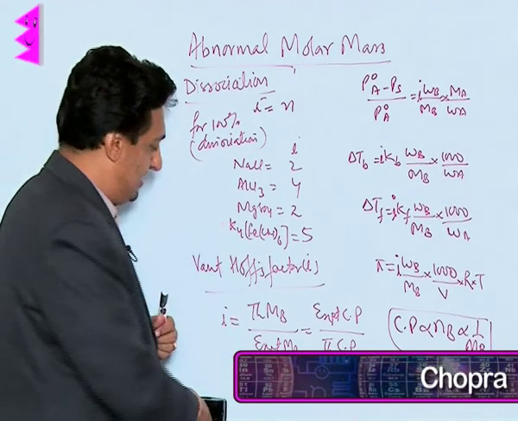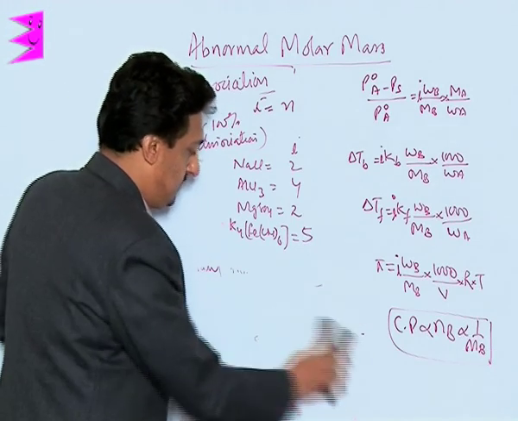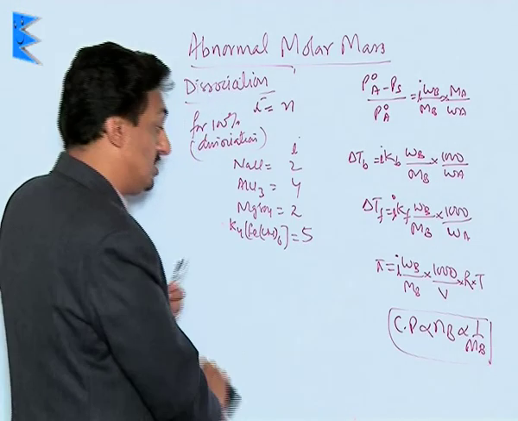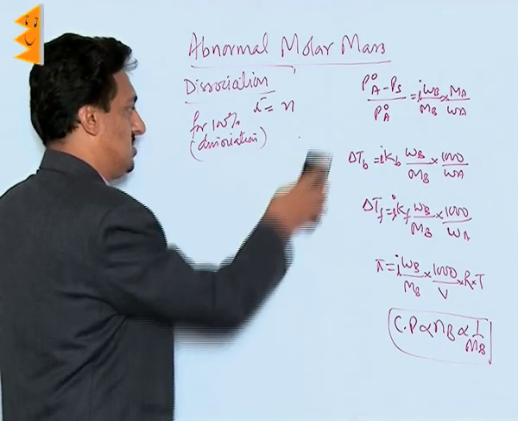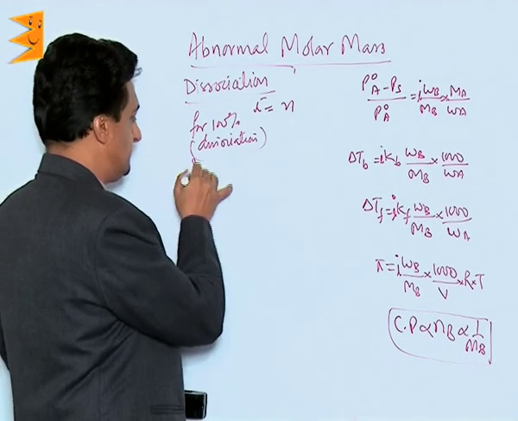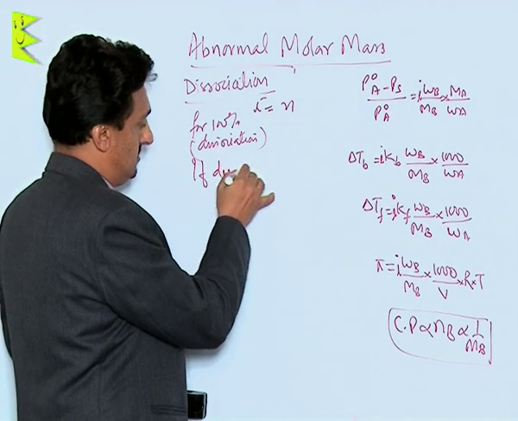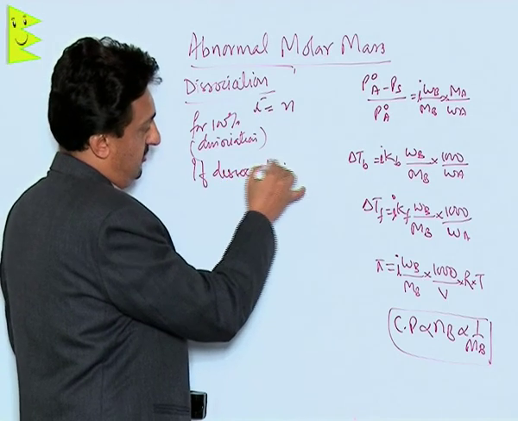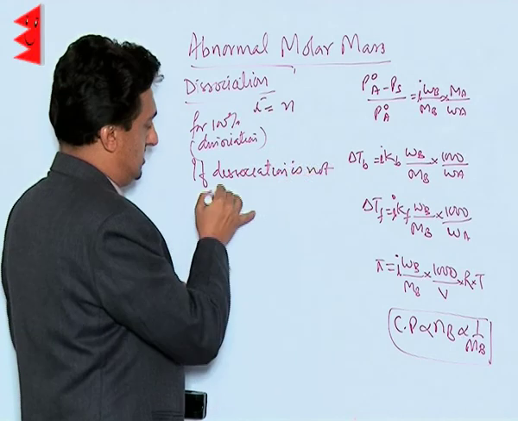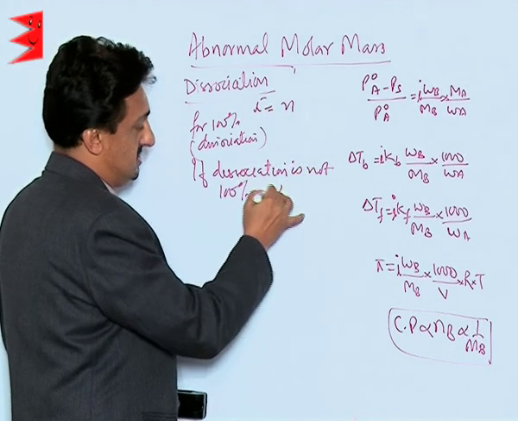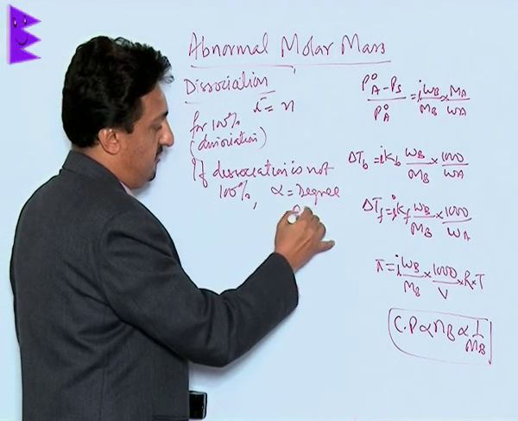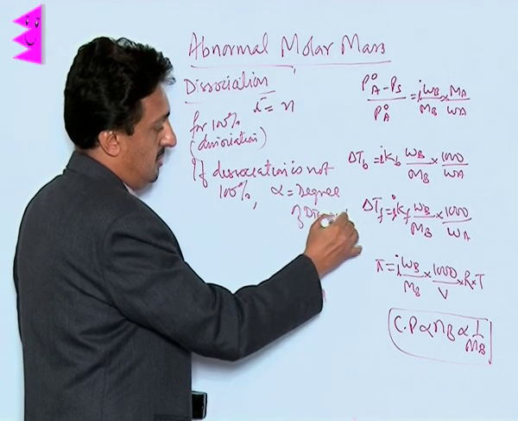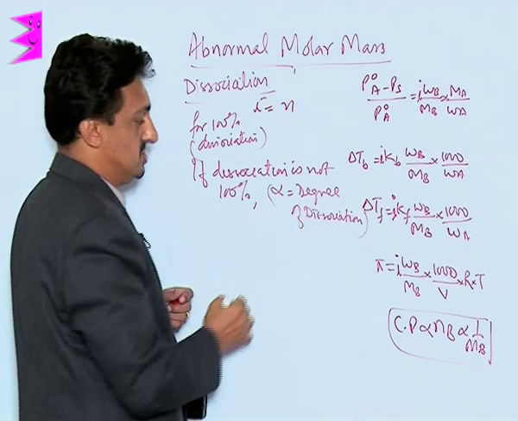He also said that if the solute is not showing 100% dissociation, then alpha, which we call the degree of dissociation, is involved.